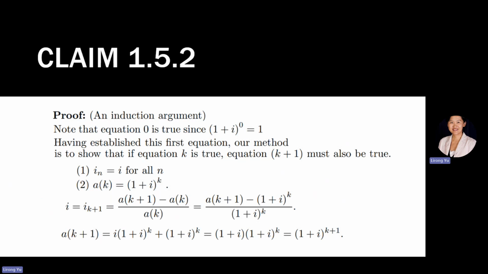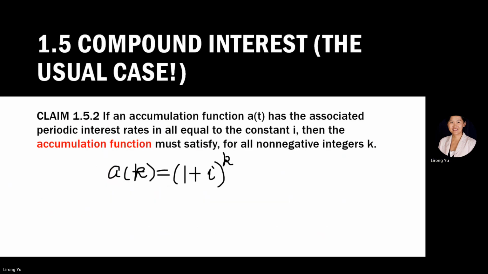We're proving the claim. Okay, let's try to rewrite the claim. It says that if the accumulation function A(t) has associated periodic interest rates all equal to a constant, then A(K) should be in this formula. So we're reaffirming what we talked about earlier.